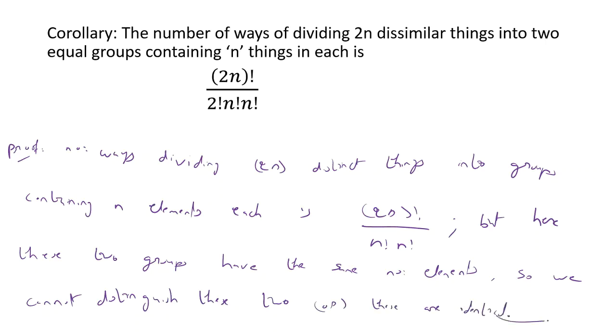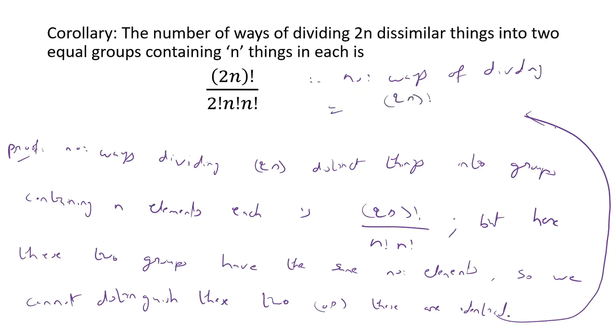Therefore, number of ways of dividing is equal to 2n factorial upon n factorial times n factorial divided by 2 factorial, which is going to be 2n factorial upon 2 factorial times n factorial times n factorial.